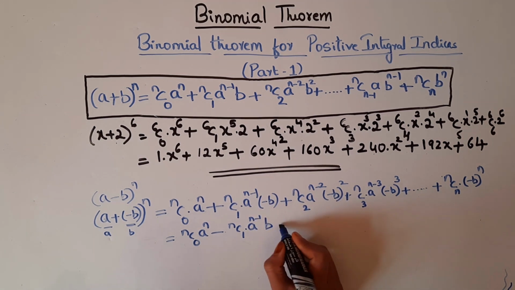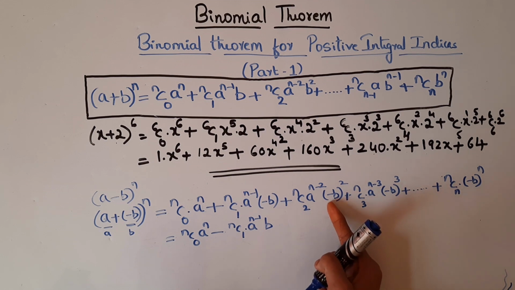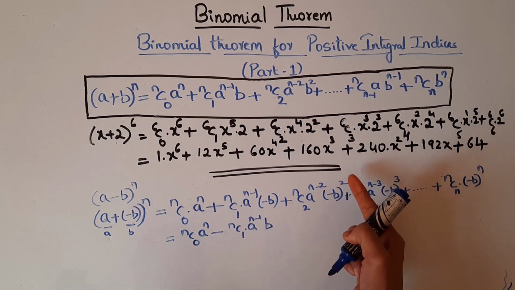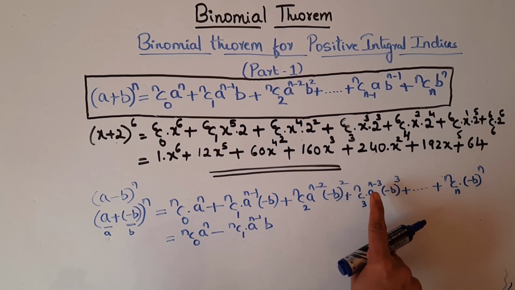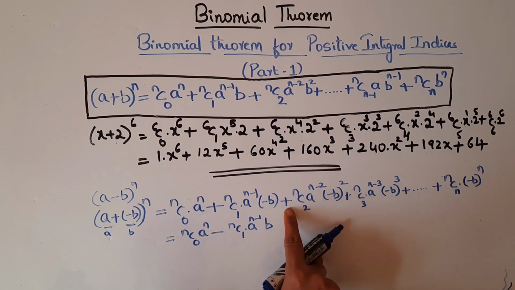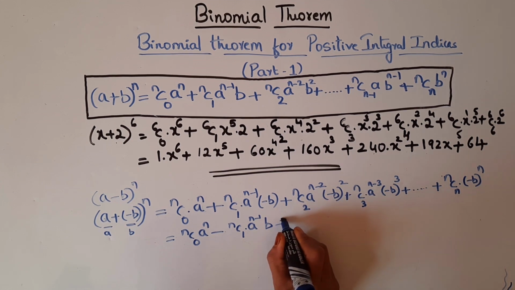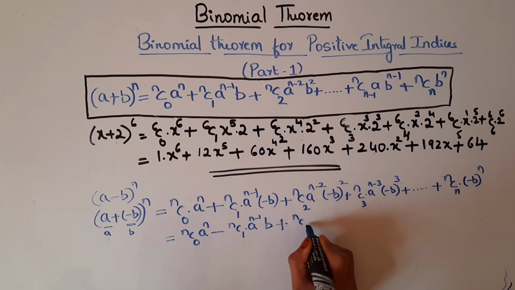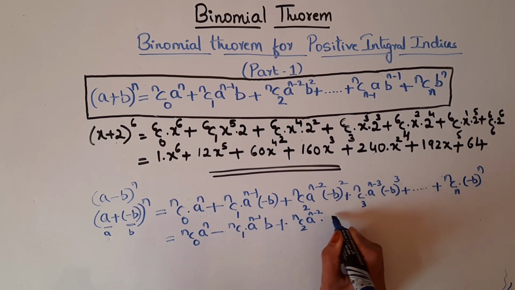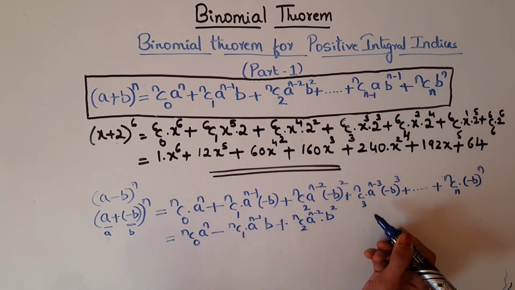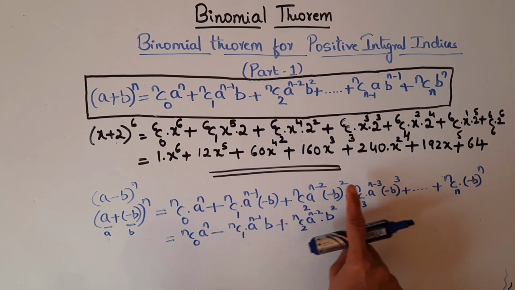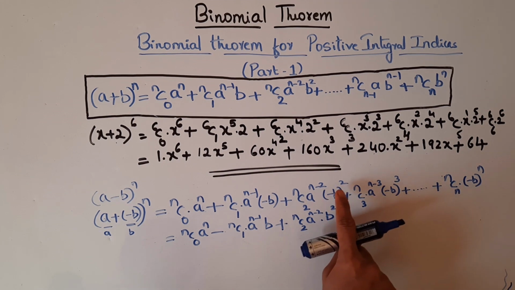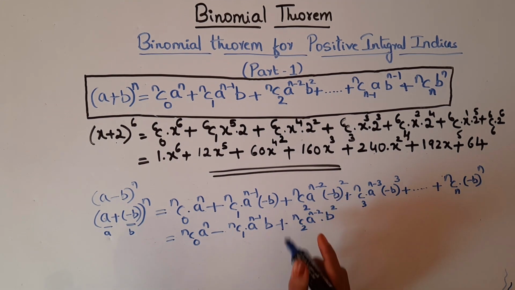Correct? Now if you see in this term, minus b square, we have negative number into negative number. You will get positive, so the sign remains same, right? So can I write this term as plus NC2 into a power n minus 2 into b square, right? When I square, minus of minus is plus.